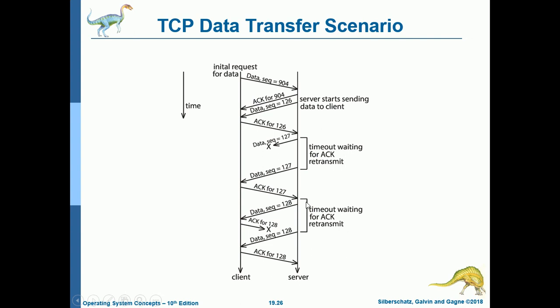And then again, the data is sent, sequence 128 is sent to the client. The client receives it and the acknowledgement is passed, but then it was dropped off somewhere in the network.